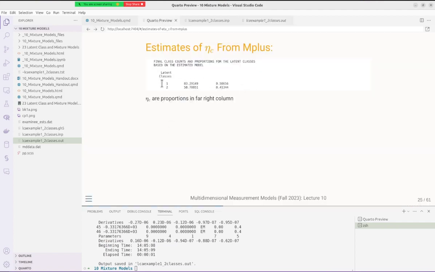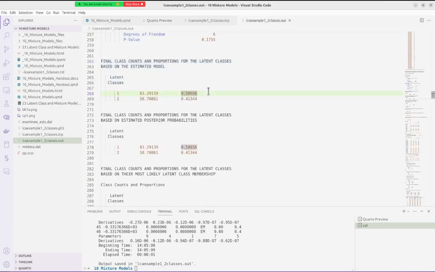And what that tells us is that 58% of people, or 58.656, are in latent class 1. Right? So if I go back to this right here, latent class 1 has the bulk of people, 41% is in latent class 2. Now, we don't know what latent class 1 or latent class 2 represent, but we just know 58% in one, 41%, 42% in the other. We'll figure out what the classes mean in just a moment.